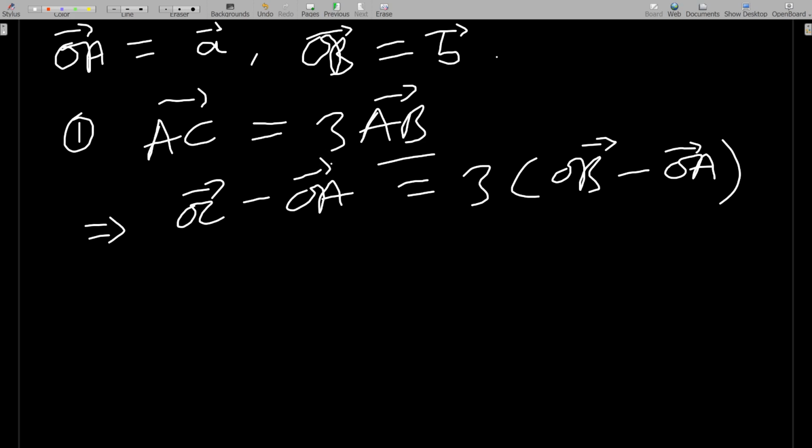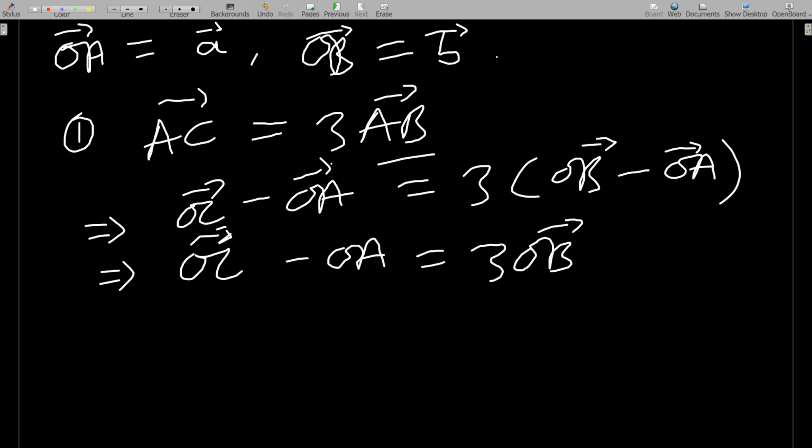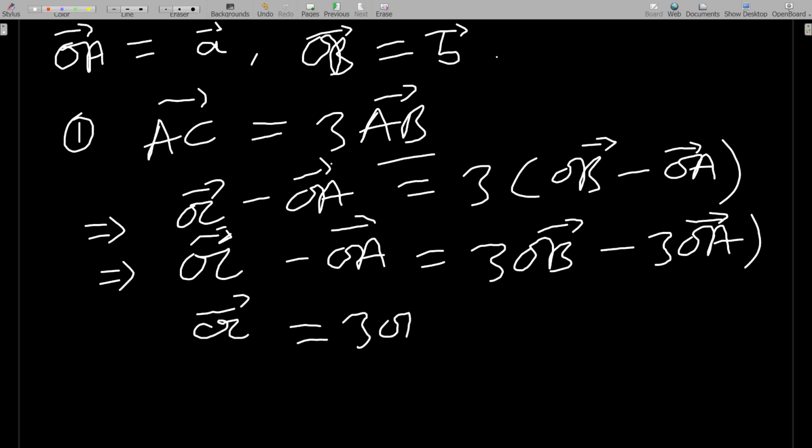Now this will imply that OC minus OA should be equal to 3OB minus 3OA. I hope you understand this. So OC, which is the point you are looking for, should be equal to 3OB minus 3OA plus OA.